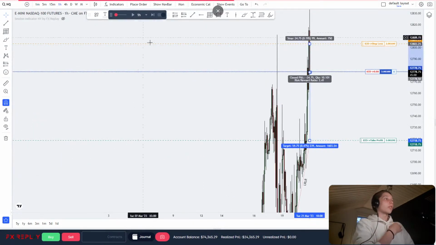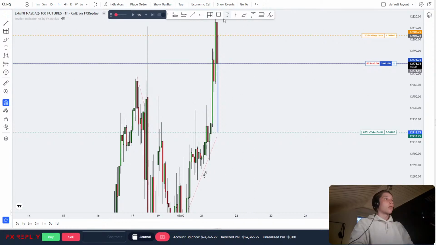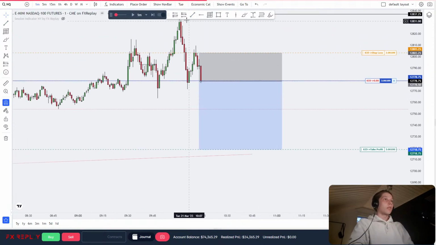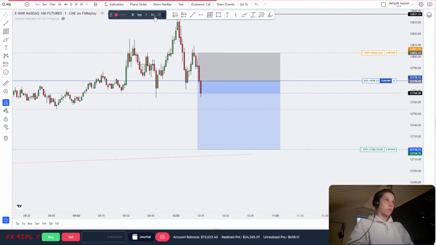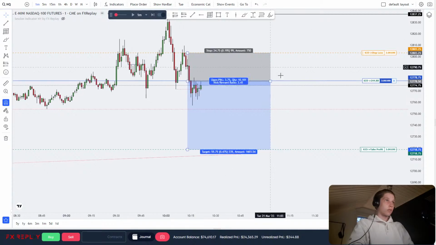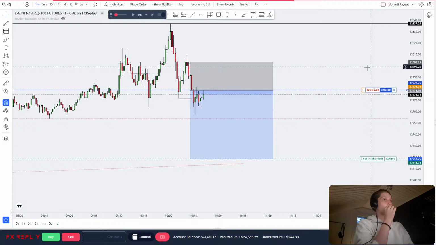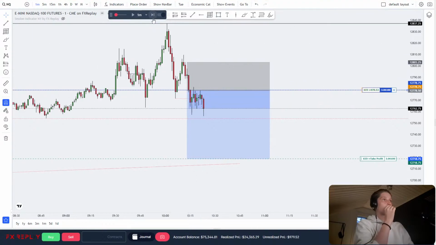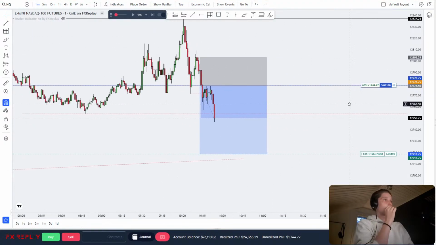Let's see what we have. So yeah, pretty nice fair value gap here. Inversion break even point here. Okay, so we don't end up running, we are break evening this. Okay, we do run a little bit.